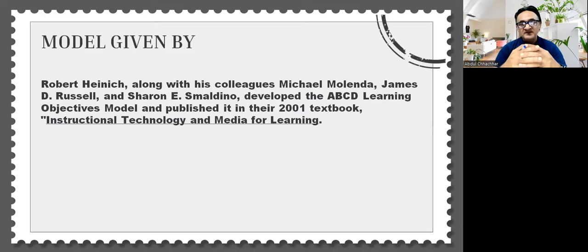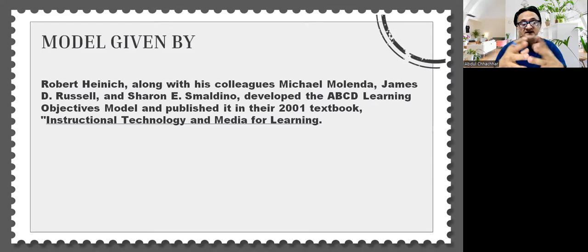So when you are designing the learning objectives, there should be four components, A, B, C, D, and every component has a different function. If these four elements are not included in your lesson plan, that means your learning objectives need to be modified.